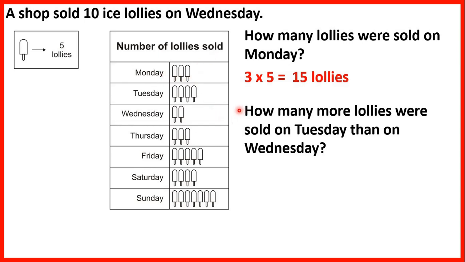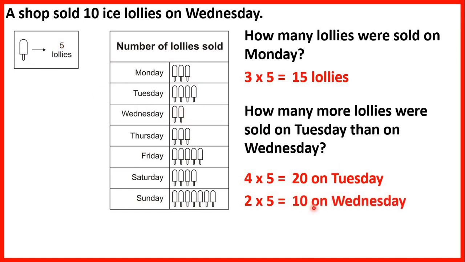Now, how many more lollies were sold on Tuesday than on Wednesday? So on Tuesday, we have 4 lollies on the pictogram, and because each lolly represents 5 lollies, that's 4 times 5, so 20 lollies were sold on Tuesday. And then on Wednesday, we only have 2 lollies on the pictogram, so 2 times 5 is 10.